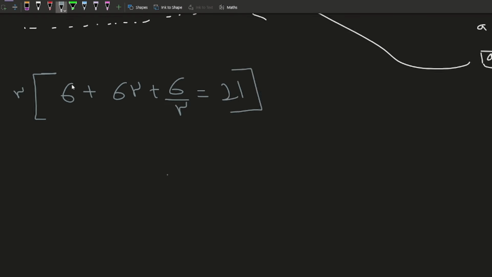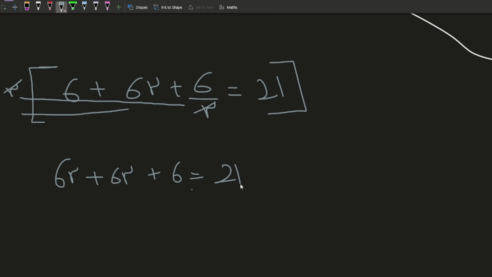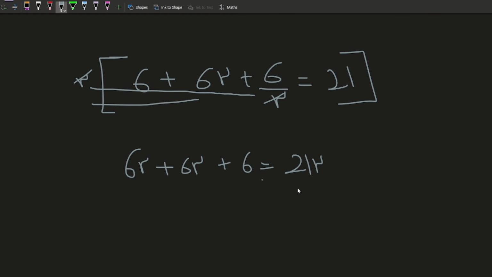So 6 multiplied by r is 6r, 6r multiplied by r is 6r square, and r multiplied by 6 over r, the r gets cancelled, so we are left with 6, and 21 multiplied by r is 21r. Let's take 21r over to the other side.